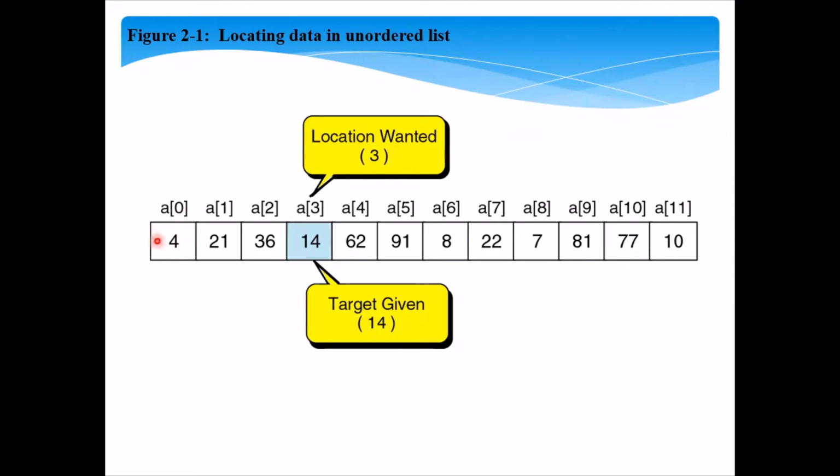If the first element is not equal to the target value, then we increment the index position. Then again, same procedure, we test the value. If the element at that position is equal to our target, then we assign the location to another variable. But if it is not the target we are looking for, we move on to the next index until we find the target.